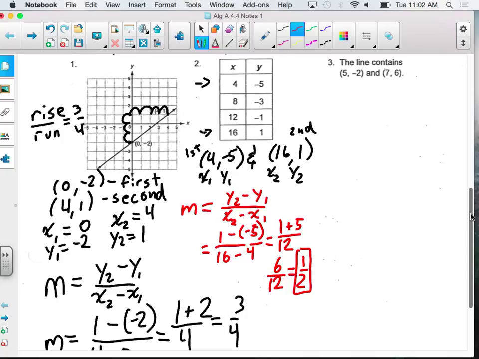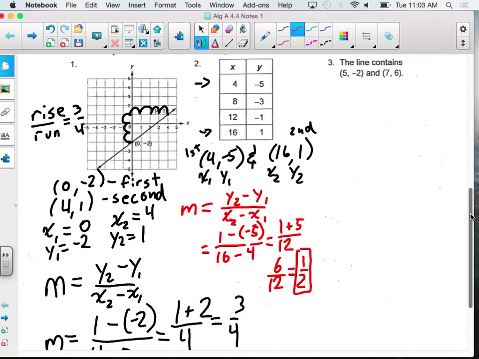So upstairs it changes to -5 plus 3, because the negatives cancel out and turn into a positive. Then 4 minus 8 is -4. And -5 plus 3 is -2. So -2 over -4 is a half, and this simplifies to 1/2.